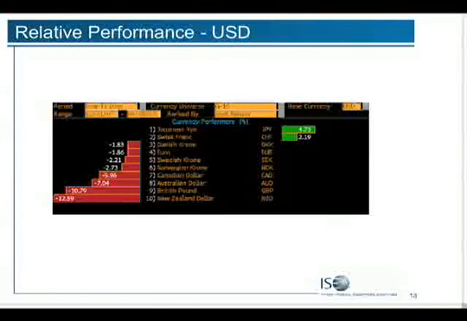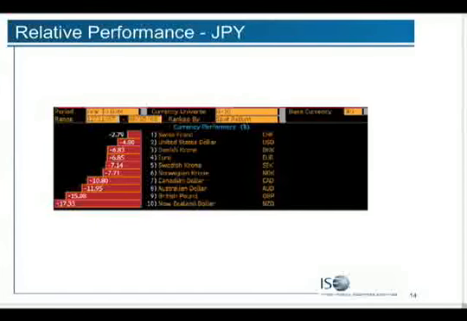You can see that the low yielders, the Japanese yen and the Swiss franc, have performed the best, whereas everything else has performed terribly against the U.S. dollar. So the only currency pairs doing well right now are the low yielders, and they will probably be the only ones to continue doing well going forward.